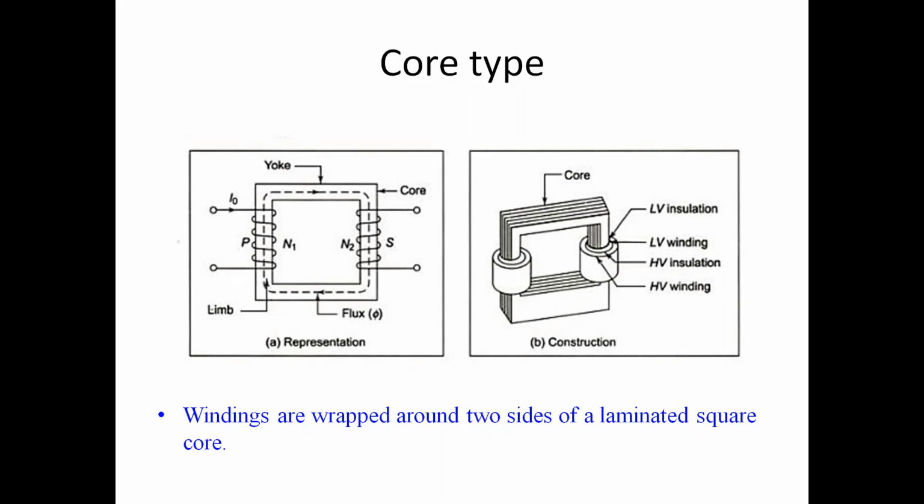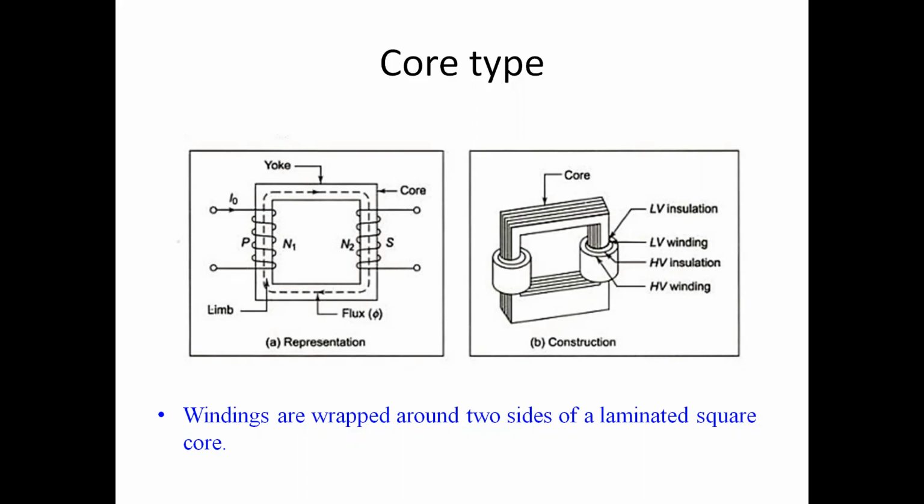So actually it is not that we put only LV on one limb and HV on the other limb. We can do it like this also, but to reduce the leakage flux, or to increase the mutual inductance, the flux produced by the primary, the maximum flux should link with the secondary also.